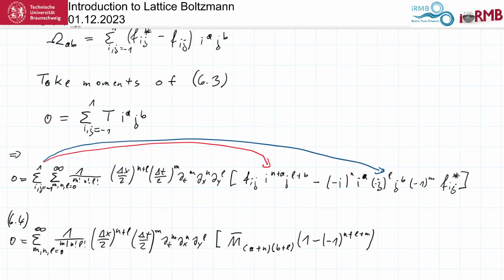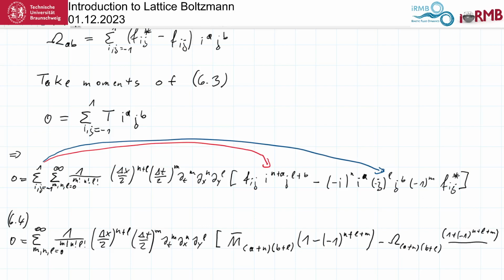And something similar happens with the omega. Here again you have A plus n plus B plus l, and then we also have something like this: 1 plus minus 1 to the power of n plus l plus m.